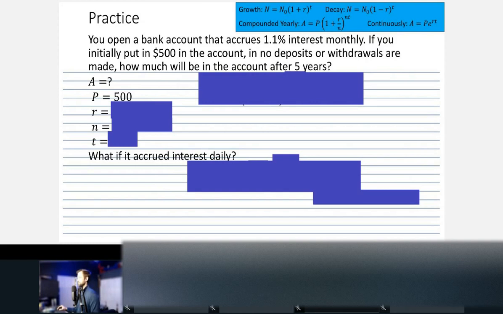So what is 1.1%? Oh boy, I haven't seen a right answer yet.